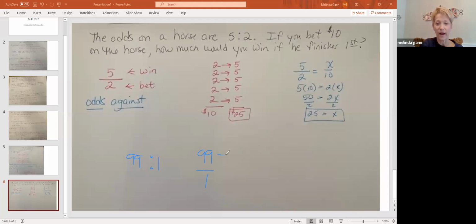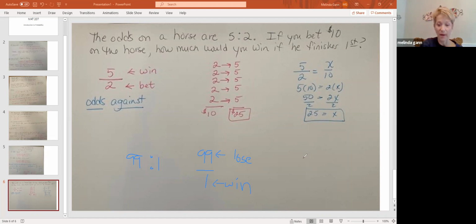It means for every 99 times that this horse loses, one time this horse would win. So this is not a smart, so to speak, bet. So why do people bet on it? Because remember, if you bet $1, you'd win $99.